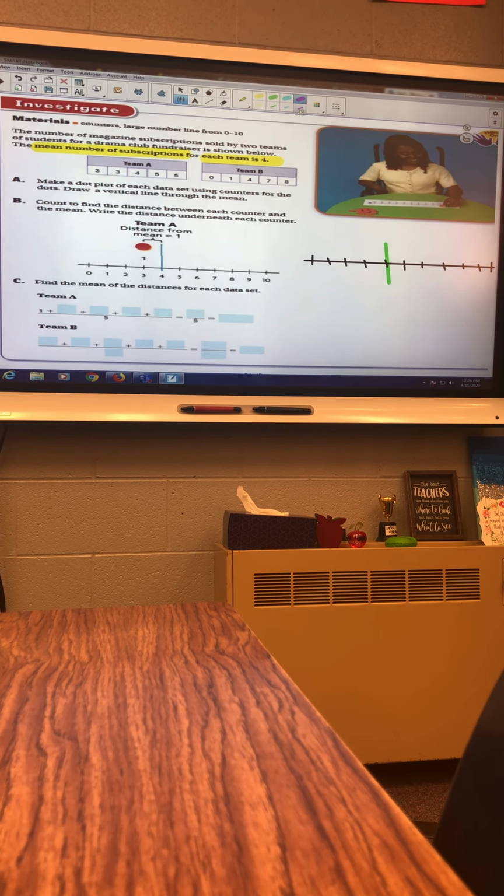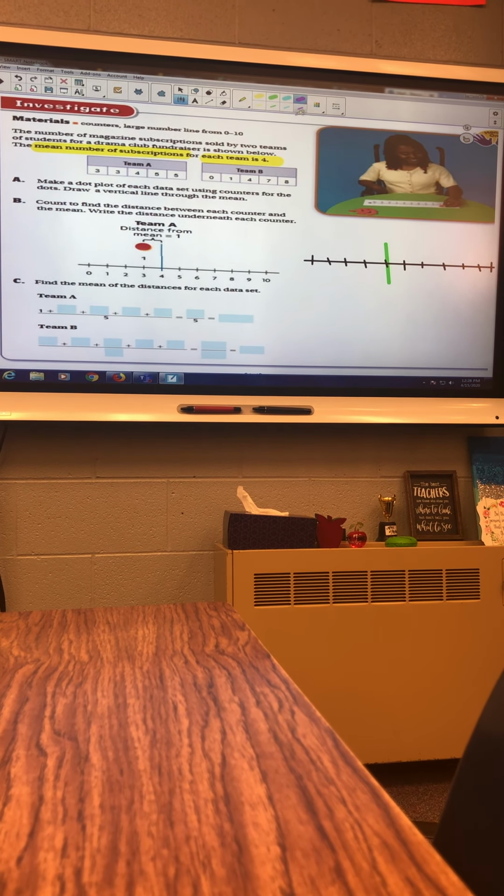So I added 1, I need to add 1 more. How many is 4 away from 4? Well, 0. So I'm going to add a 0. How many is 5 away from 4? 1 and 1. So I add up all the distances. You get 1, 2, 3, 4, and you added 5 distances. So you get 4 divided by 5, or 8 tenths. So the mean absolute deviation for team A is 8 tenths.